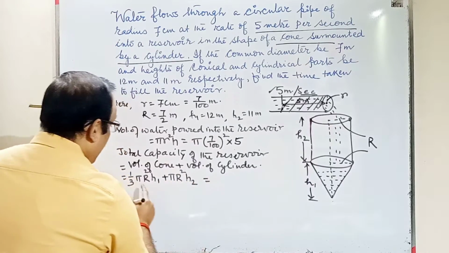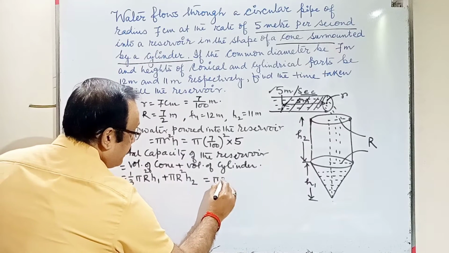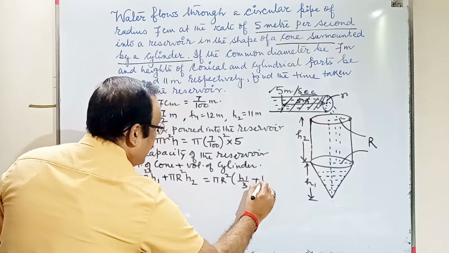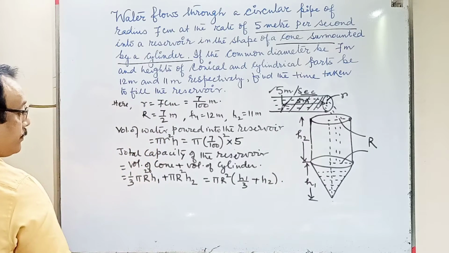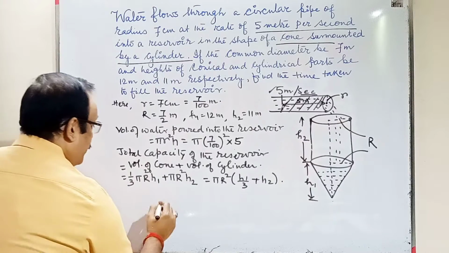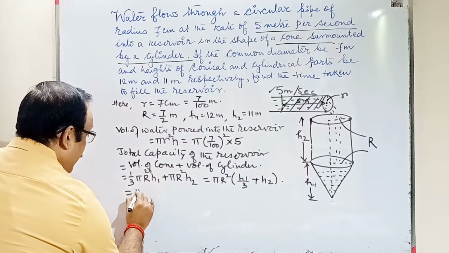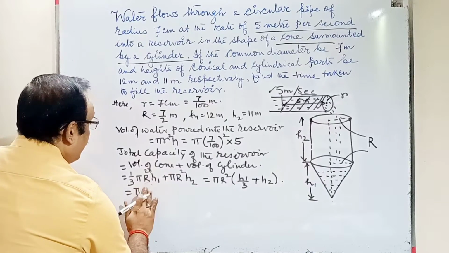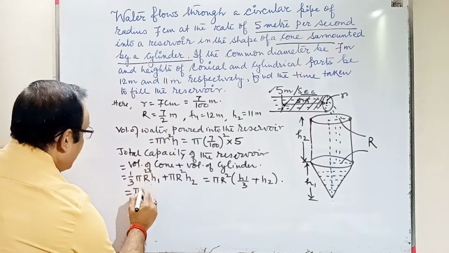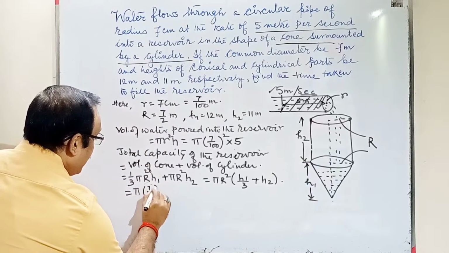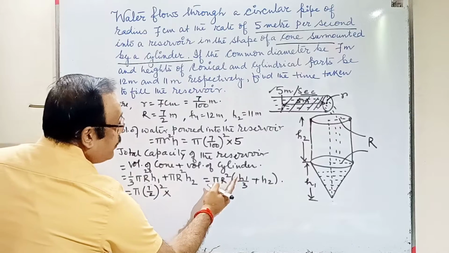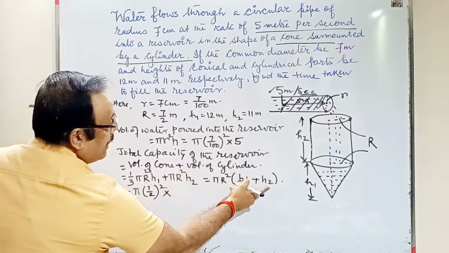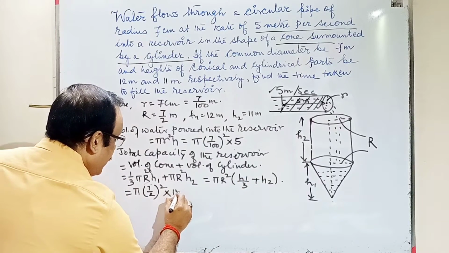So from here I can take pi r square common and I'm left out with h1 by 3 plus h2. So that will give me pi r square. Your r value we already got it. Value of capital R is 7 by 2. So we'll write pi 7 by 2 whole square into h1 by 3, h1 is 12. So 12 divided by 3 is 4 and h2 is 11. So 11 plus 4, this is 15.